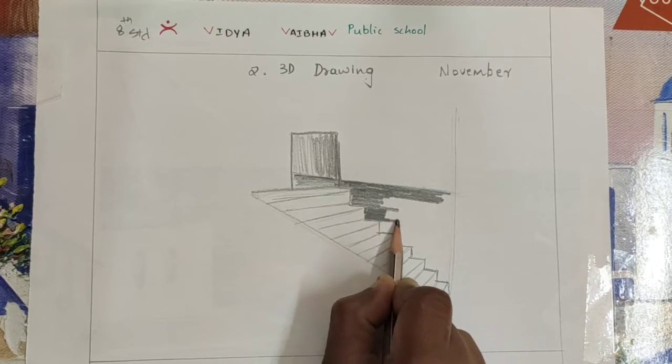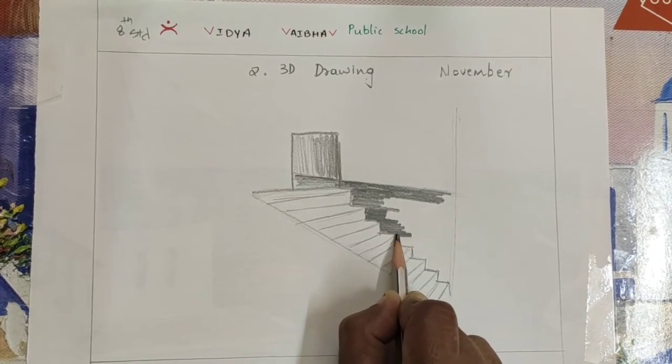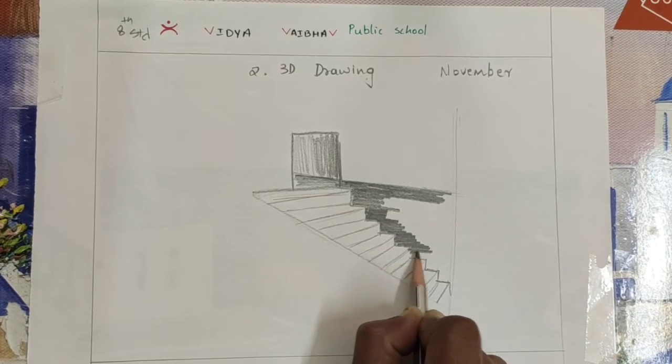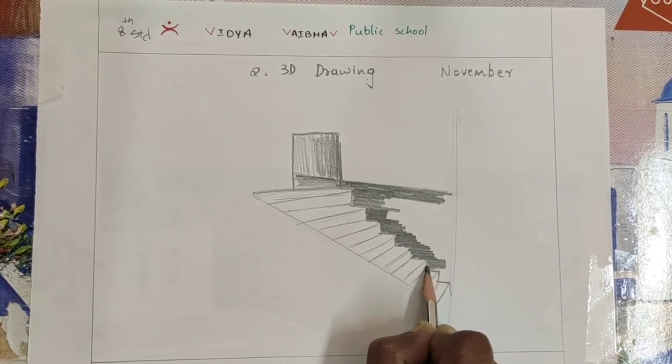Look how I am using from left to right. In the same way I am using it for all the places. Direction and angle is very important when we are doing art.